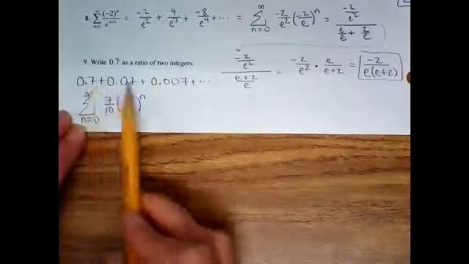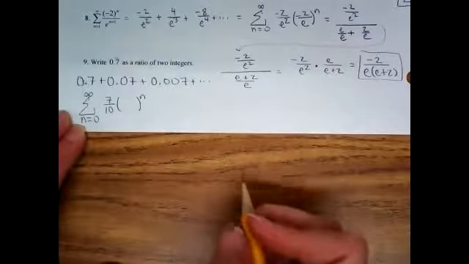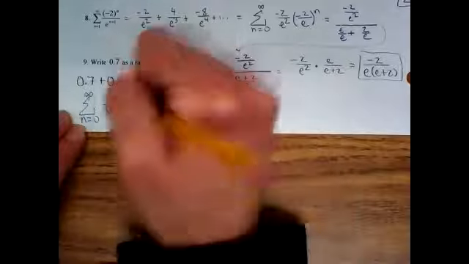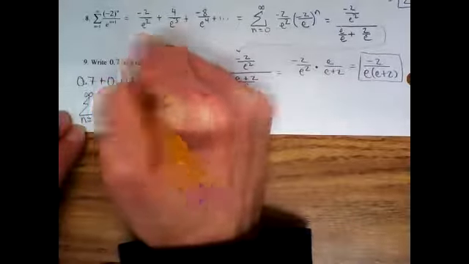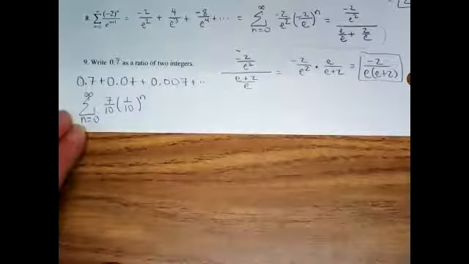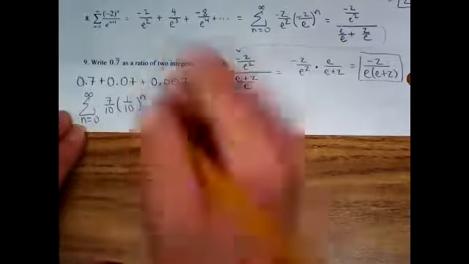What are you multiplying by each time? Well, I'm going to write it as a fraction if that's okay. I just think it'll be a little bit easier. So 1/10. You're dividing by 10 each time, so 1/10. So this is where you're starting, multiplying by 1/10 each time.